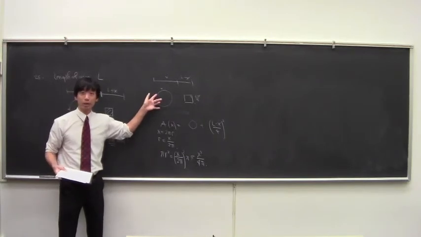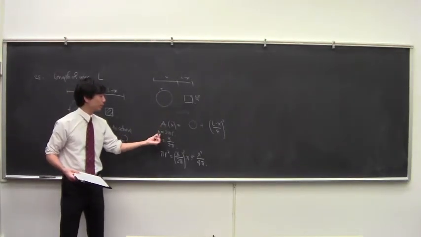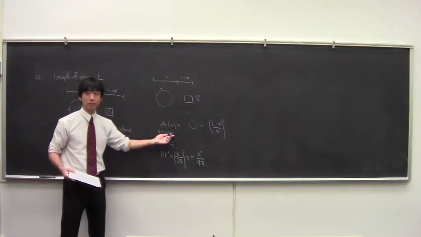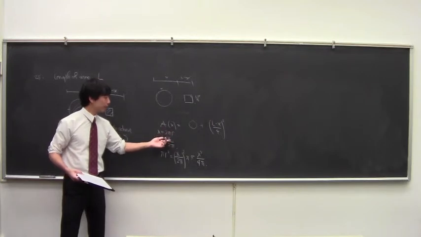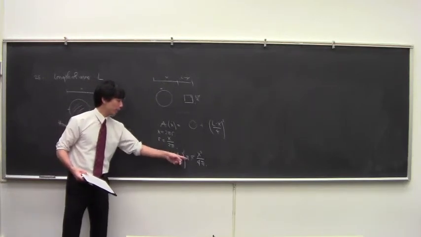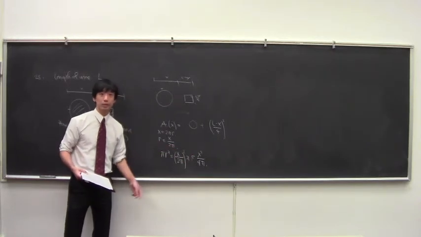Right, so you use your knowledge from elementary school. x is the circumference, 2 pi r. And then you solve for r. r is x over 2 pi, right? And then the area is pi r squared, so that turns into x squared over 4 pi.